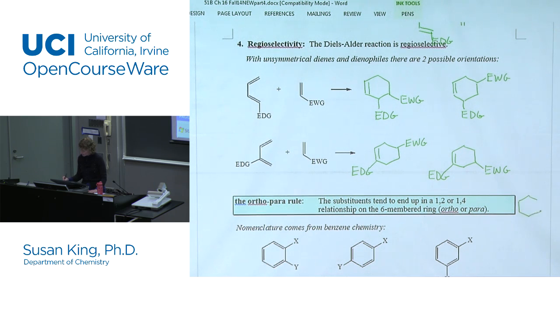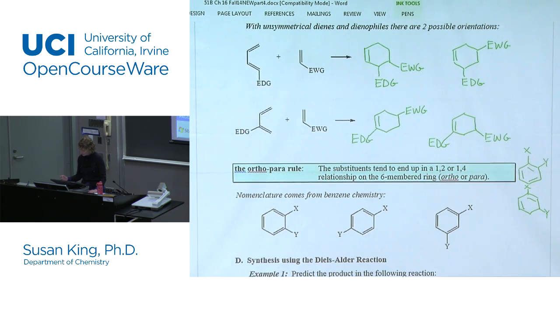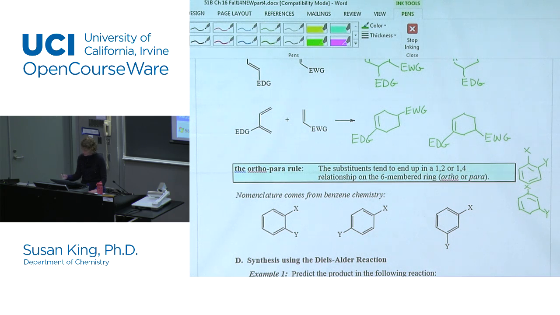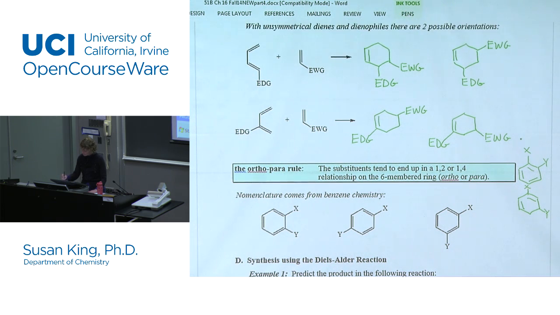If we have a benzene ring with two substituents, that would be one possible arrangement, this would be another possible arrangement, and then this would be a third. Oh, I have them drawn right here, so why am I even drawing those? I'm off today. Let's try that again.